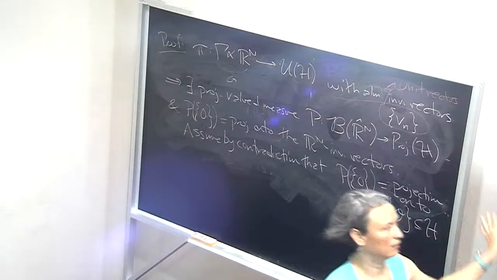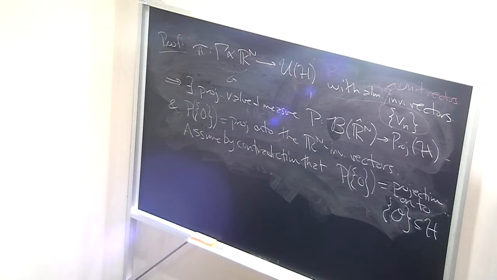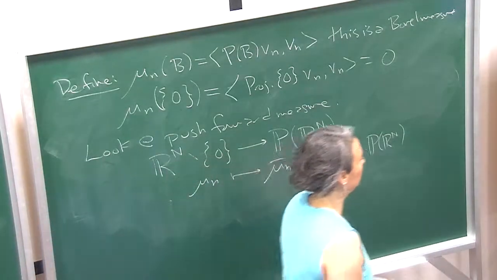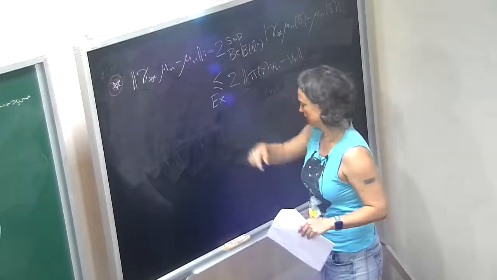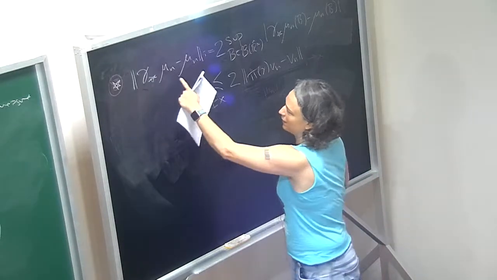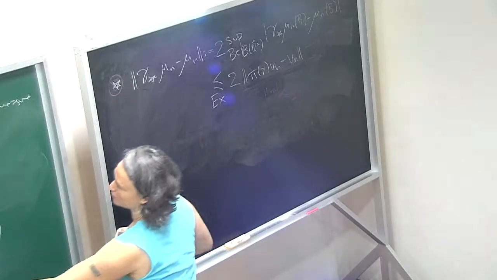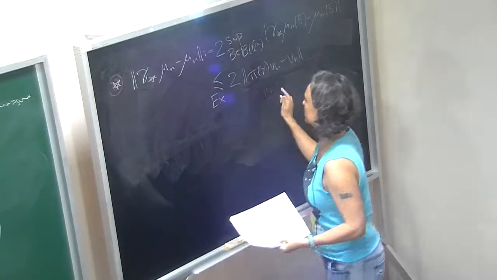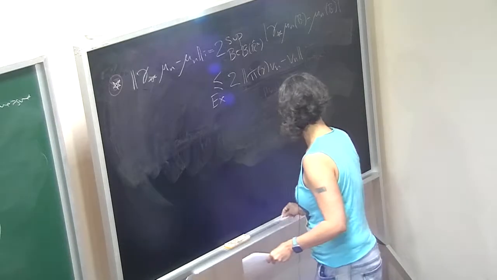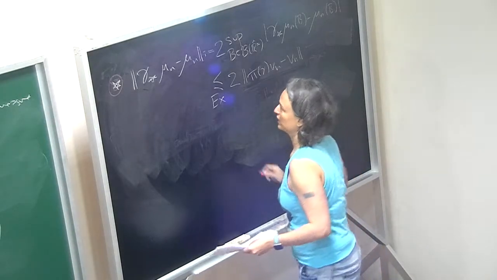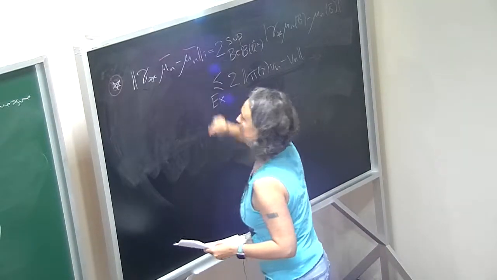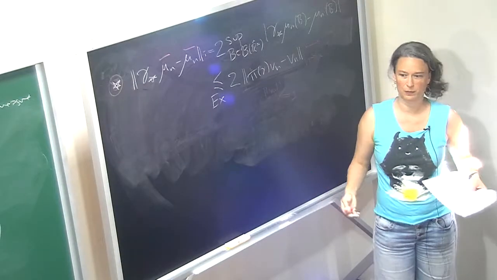Then using the properties of the projection valued measure tells me that I have 0 measure at 0, so I can projectivize them. Once I projectivize them, I could have not projectivized first. These have this property, and so they still have the property when I projectivize them, because the push forward is just the push forward.